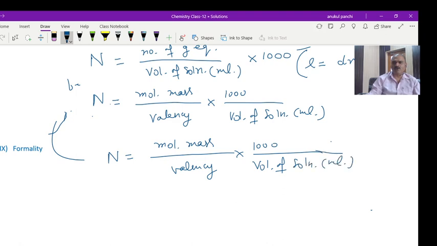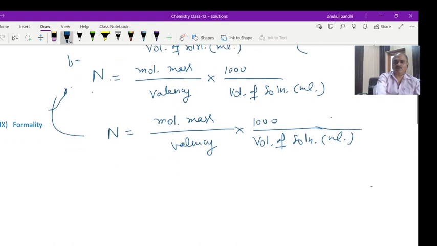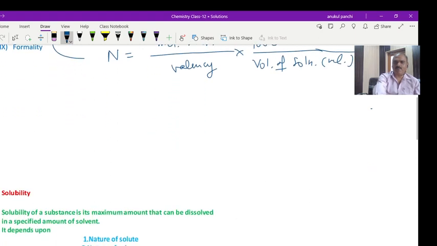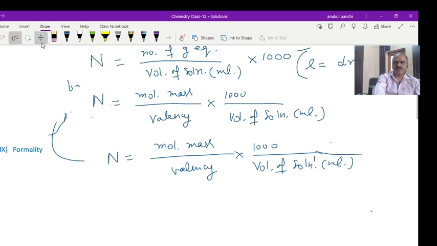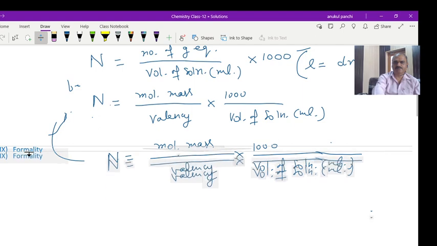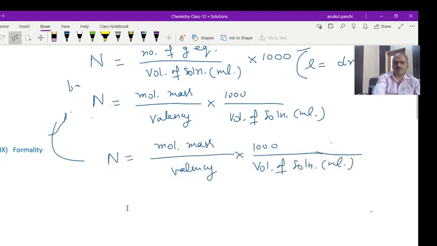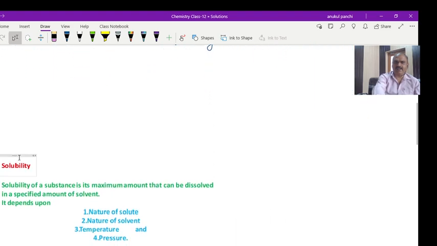So this is for 1 mole. We are talking about 1 gram equivalent and 1 mole. 1 gram equivalent is equivalent weight, and 1 mole is molecular mass. But if we have more or less than 1, then you know that number of moles can be determined by taking given mass upon molecular mass.